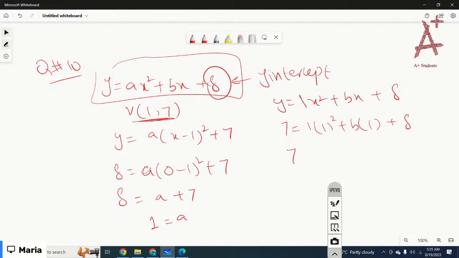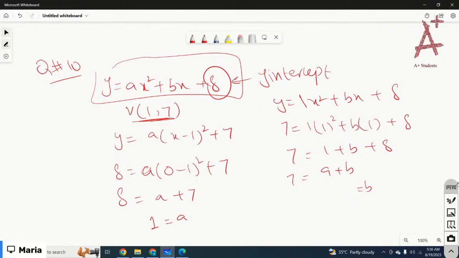So 7 equals 1 plus b plus 8. That would be 7 equals 9 plus b. Then b equals 7 minus 9, so b equals minus 2. Right? So a equals 1 and b equals negative 2.